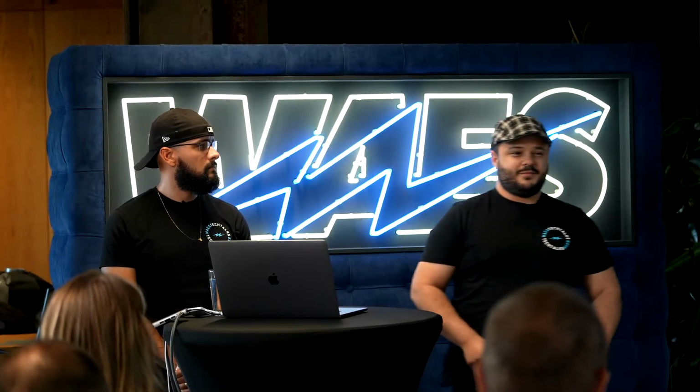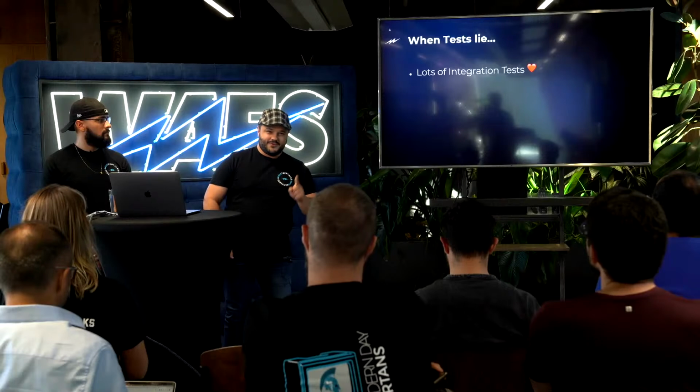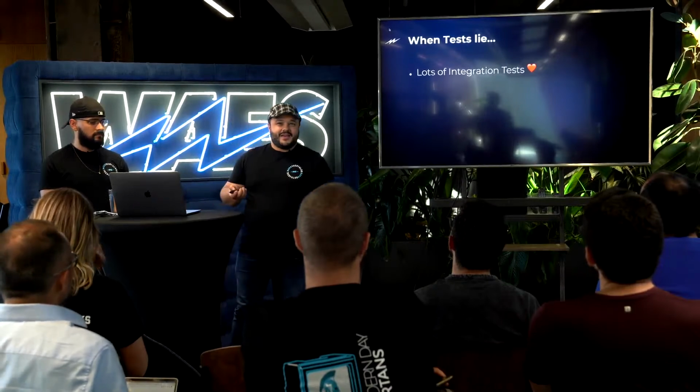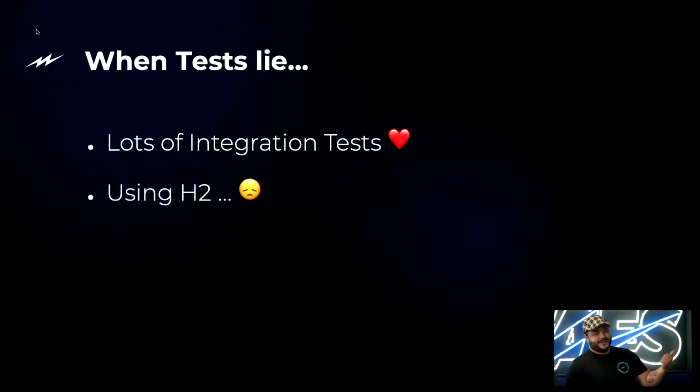We were pretty safe, and then we hit the deploy button to test, of course, not to production, and we started getting some errors. After checking, every integration test was fine, but what was happening? It was using H2, so not the real database, and things change if you're testing against the wrong thing.